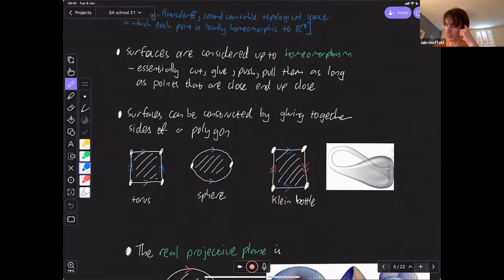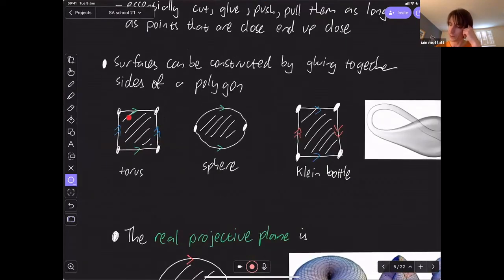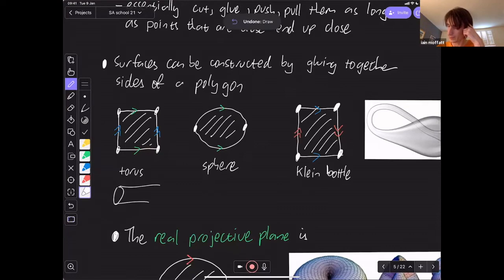So for example, what I've got here is a solid square, and I've got my 4 sides, and I notice I've got the green arrows on this side. So I want to identify these 2 sides so the arrows match. In doing that, I would end up with a cylinder, and I've still got the other 2 sides. So I've glued together that green side.